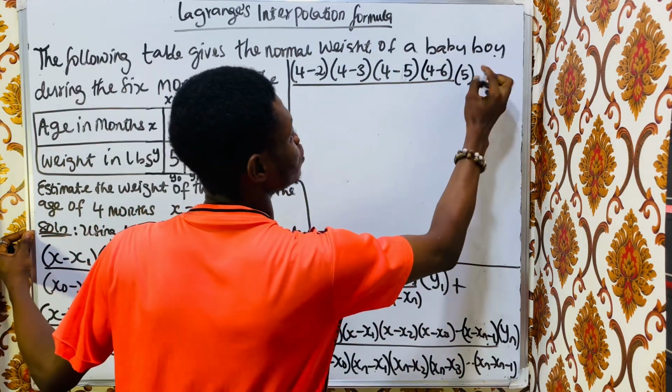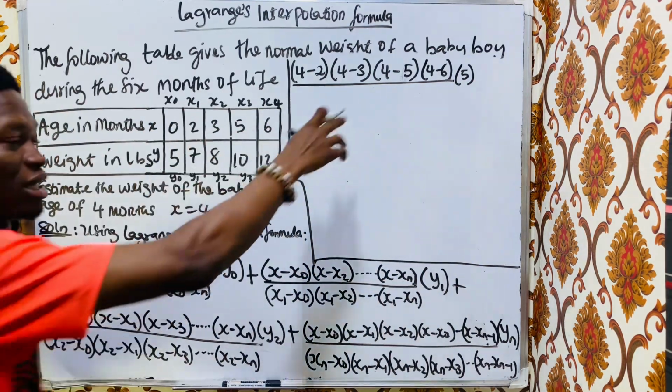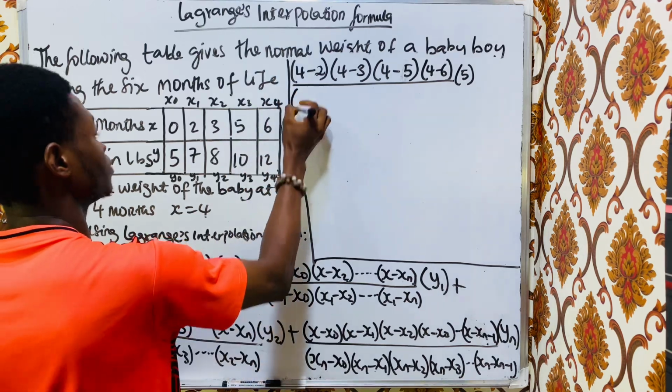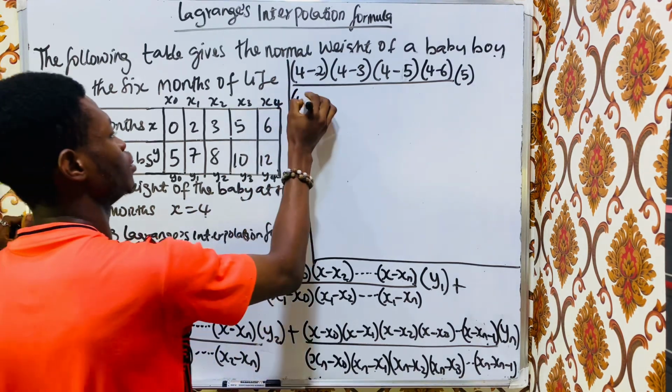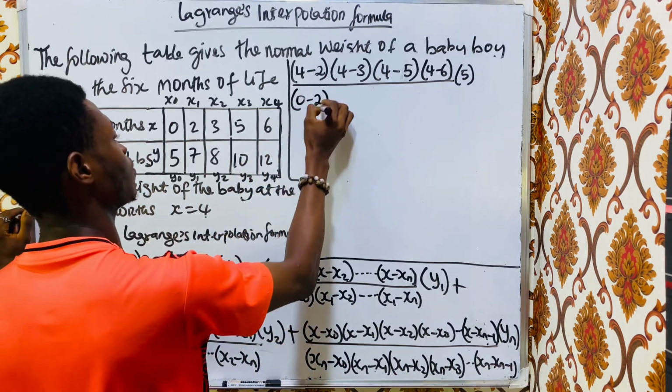Remember, it's half plus. But I want to do it right. I want to solve this one separately, then after I'll plus it. Then x0. Our x0 is 0. So 0 minus x1, x1 is 2.